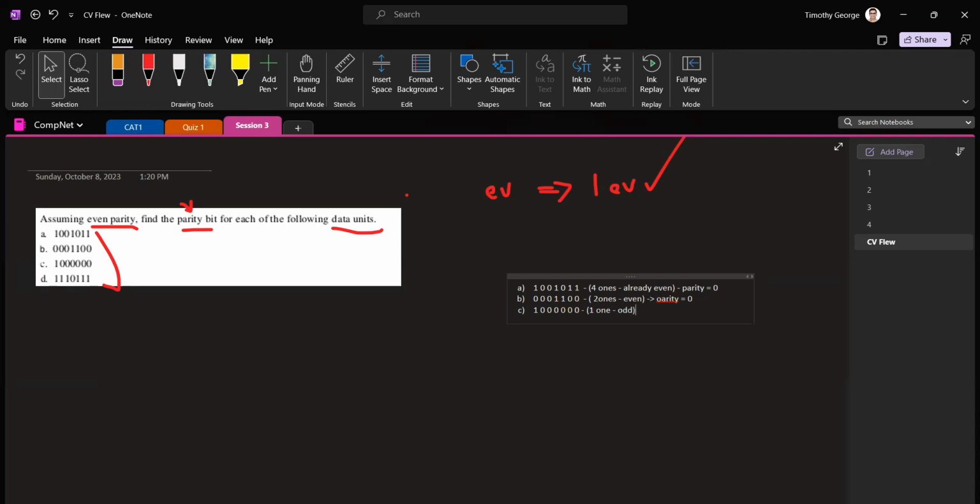So that's odd, and that's why the parity will become 1. The last one has 6 ones, so that's already even. Therefore, the parity will be 0.